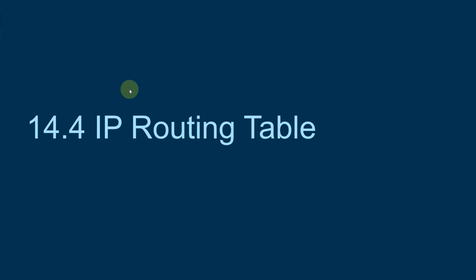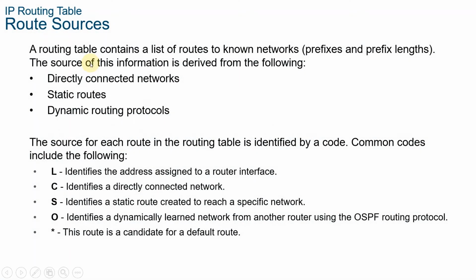All right. Now let's talk about the IP routing table. Do you know how to read a routing table? Let's see. Okay, so let's start with route sources. How does a router know where it can send packets? It creates a routing table that is based on the network in which it is located.